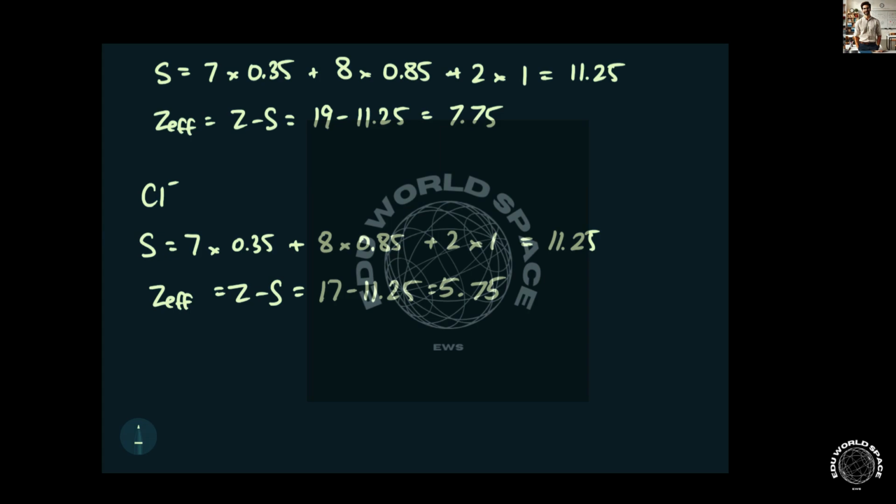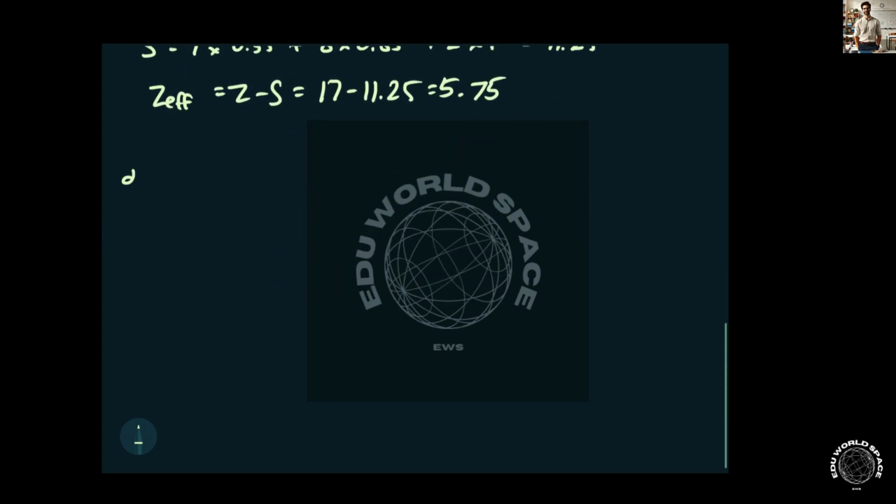For part D, how are effective nuclear charge and ionic radius related? So for isoelectronic species, we're looking at Cl- and K+.